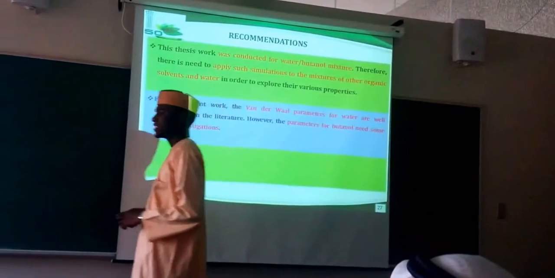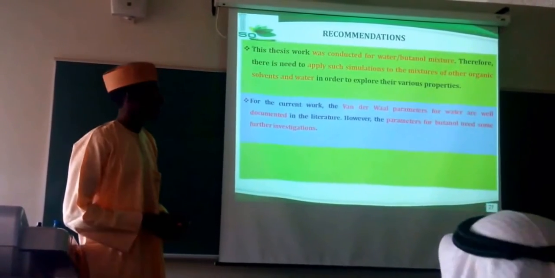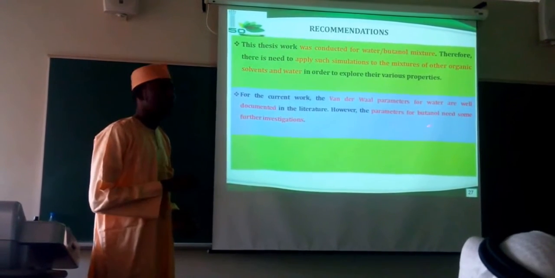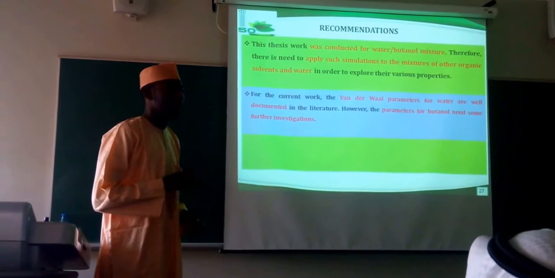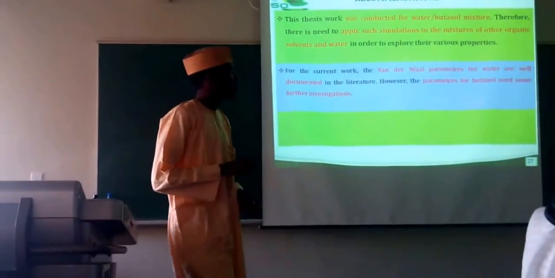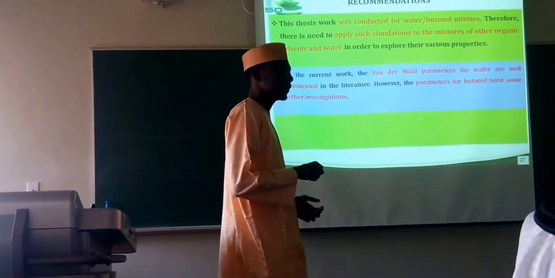So there is still need for extensive and further investigation. We use a TraPPE model for the butanol. There are many kinds of models, OPLS model, TraPPE model, but it still needs to be further investigated. We use the TraPPE model in our own case.